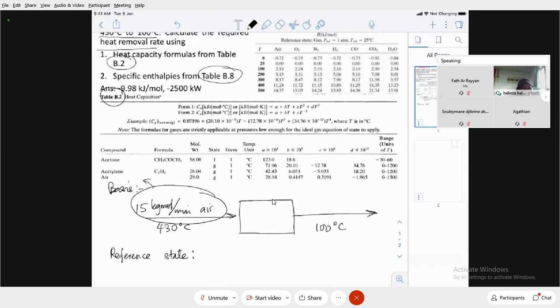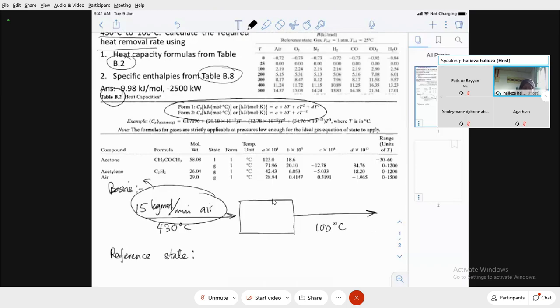Guys, your reference state can be the inlet or the outlet, either one, if it's not specified. Because this is table B2, you're only given the CP equation. Because you're only given the CP equation and you don't have any data, your reference state could be the inlet or the outlet. It's a matter of choice.